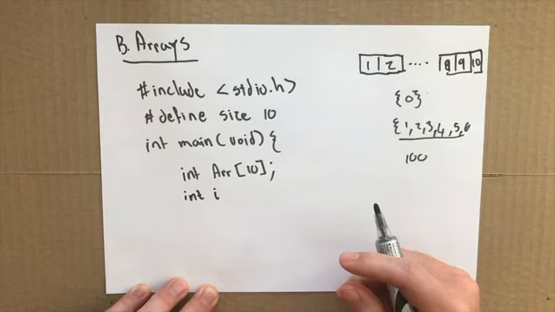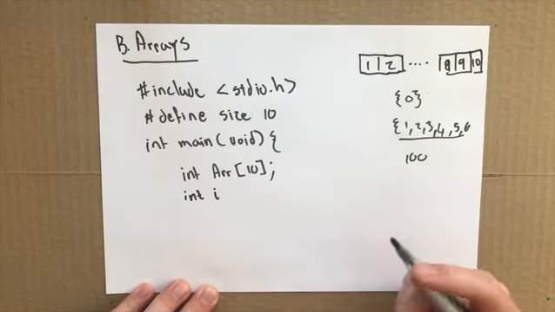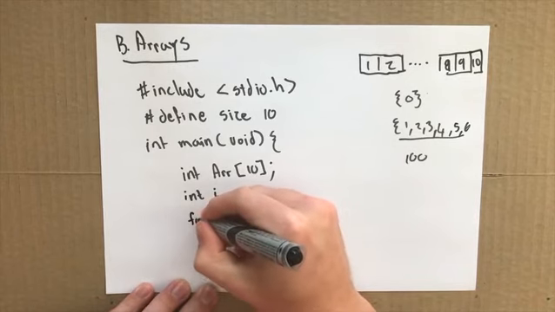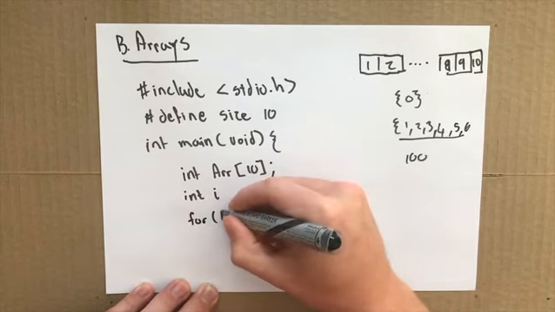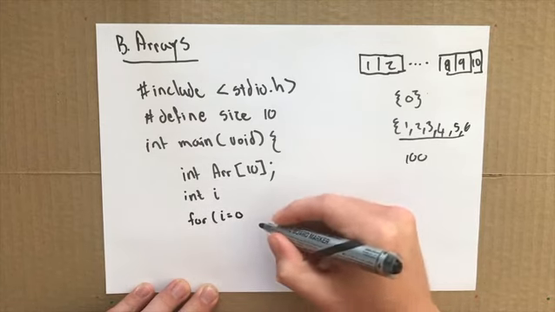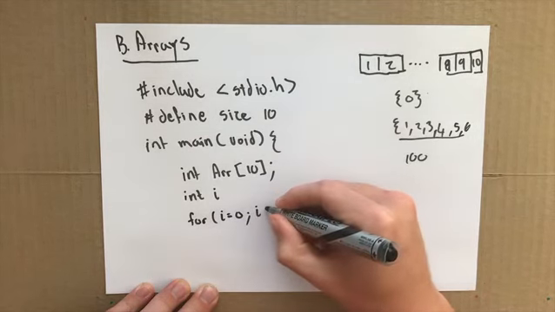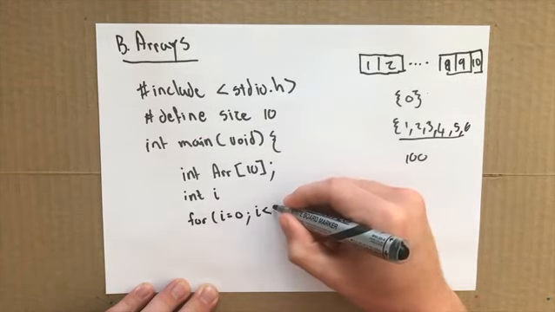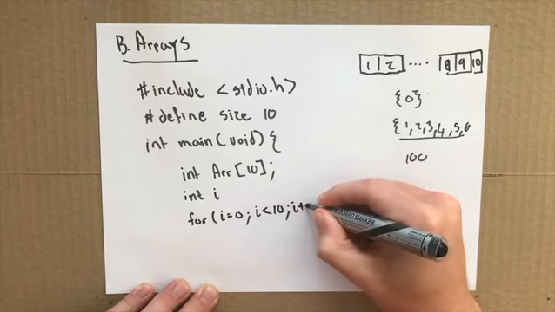The rules for a counter controlled looping structure are that we need a counter variable, we need to initialize that counter variable to 0, we need a condition smaller than 10, and we need to increment.